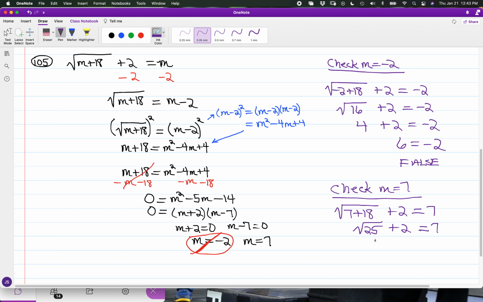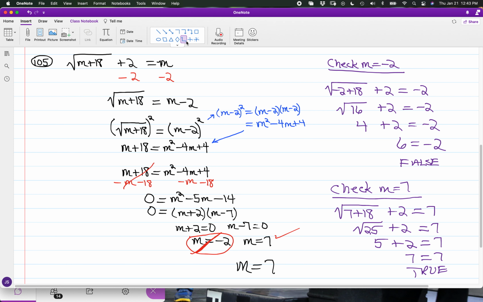Square root of 25 is going to be 5. 5 plus 2 is equal to 7. 7 is equal to 7, so that is true. And so we have that m is equal to 7. There could have potentially been two solutions for this equation, but upon examination, only 7 is going to check out.